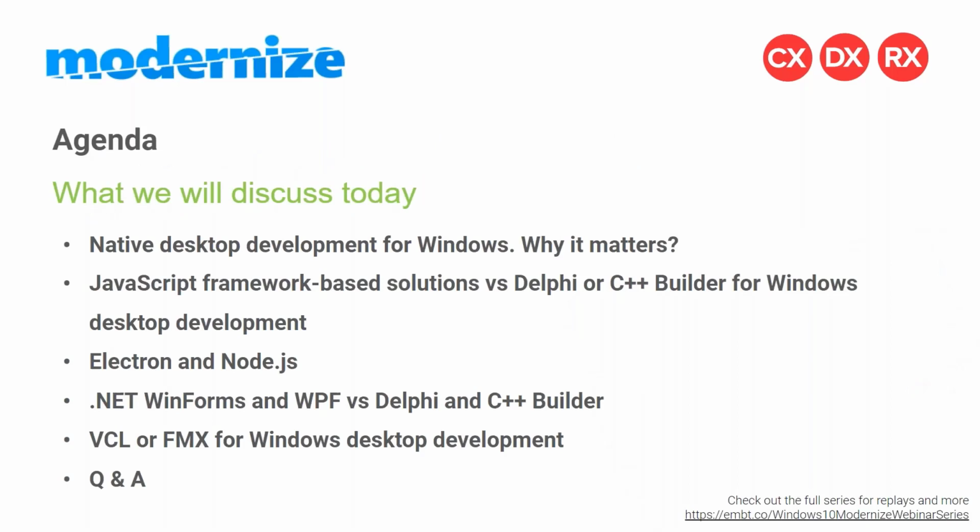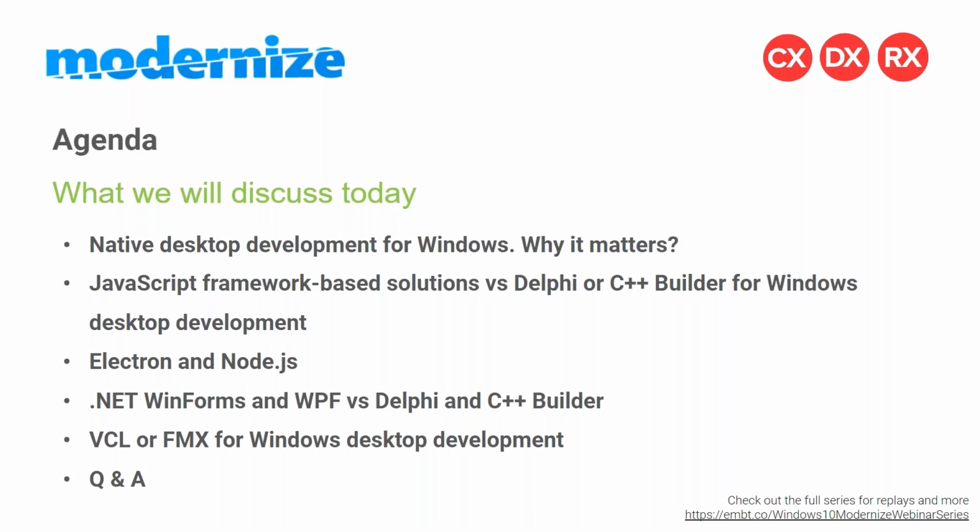Agenda: what we will discuss today. In the beginning, I will provide a couple of explanations about native desktop development for Windows. I know everybody knows how it works, what we have to use, and why it matters, but I will provide a couple of maybe interesting things. Then we will discuss JavaScript framework-based solutions, and we will compare them with Delphi and C++ Builder for Windows desktop development.